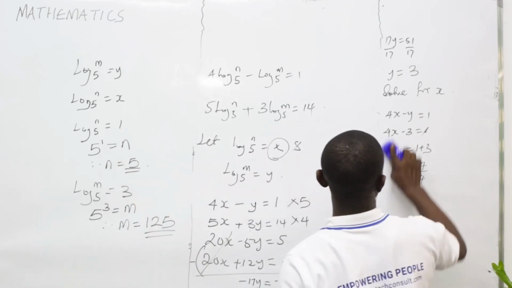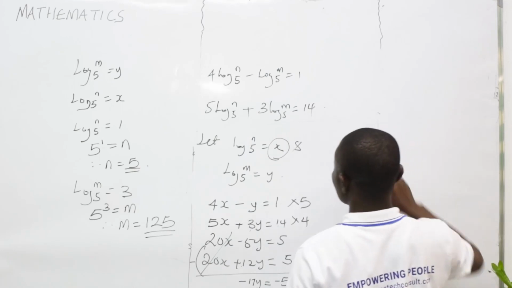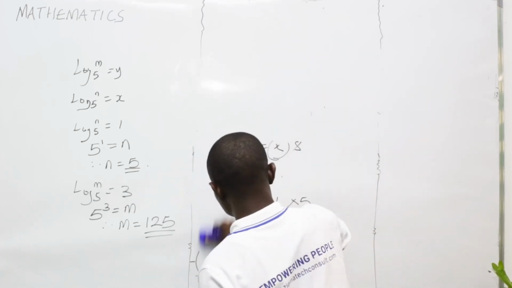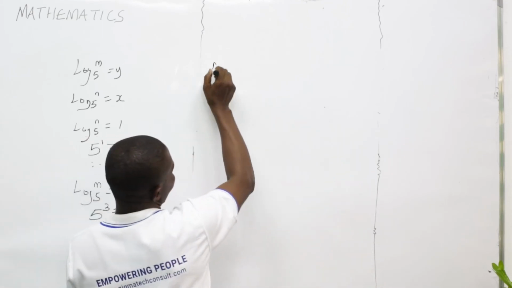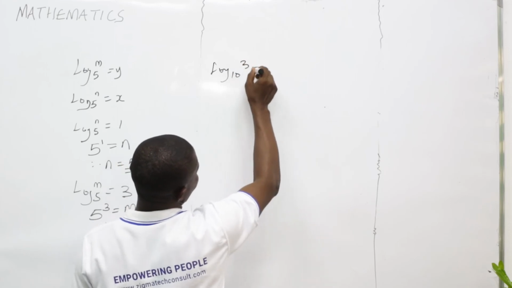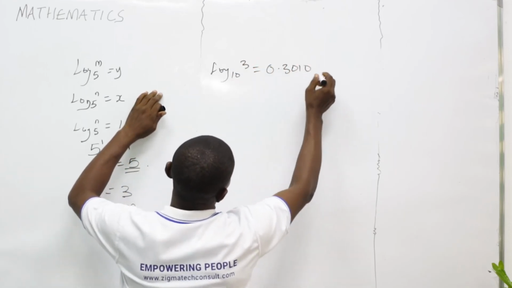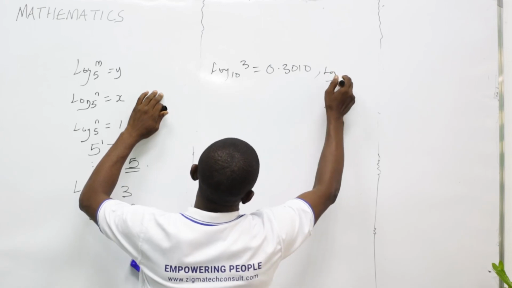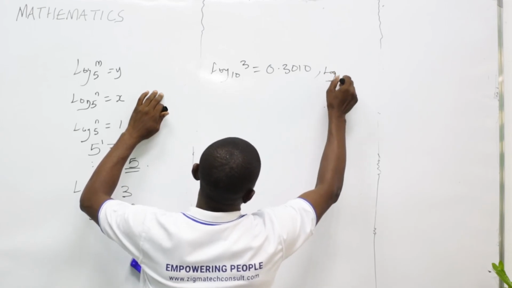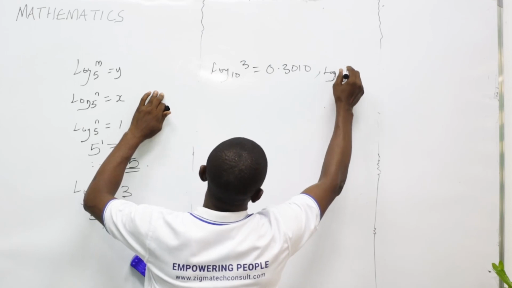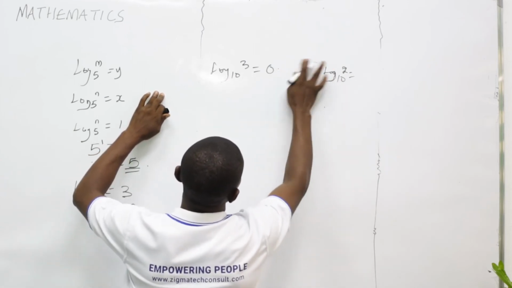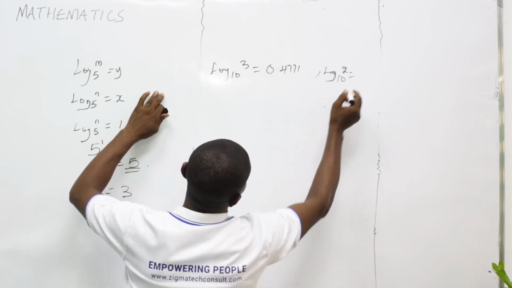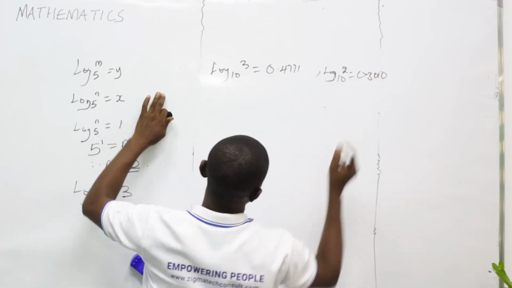So, that substitution I just mentioned simply goes this way. They will tell you if log 10(3) equals 0.3010 and log 10(7) or 2 equals 0.4771 or 0.3010.